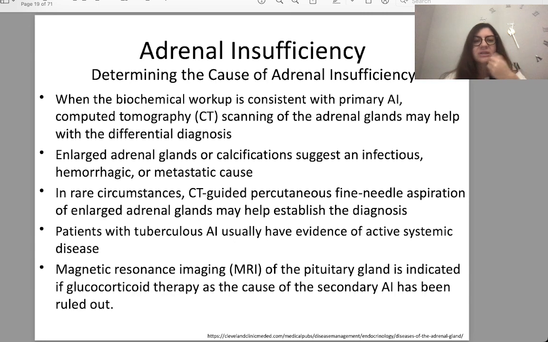In rare circumstances, CT-guided percutaneous fine needle aspiration of enlarged adrenal glands may help establish a diagnosis. Patients with tuberculous adrenal insufficiency usually have evidence of active systemic disease, active systemic tuberculosis. MRI of pituitary gland is indicated if glucocorticosteroid therapy as the cause of secondary adrenal insufficiency has been ruled out.